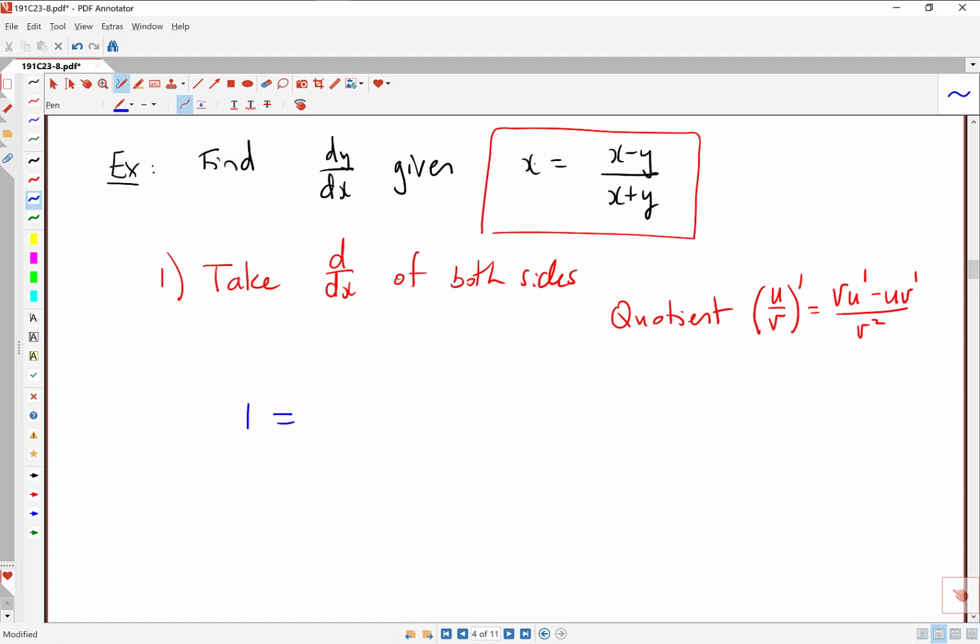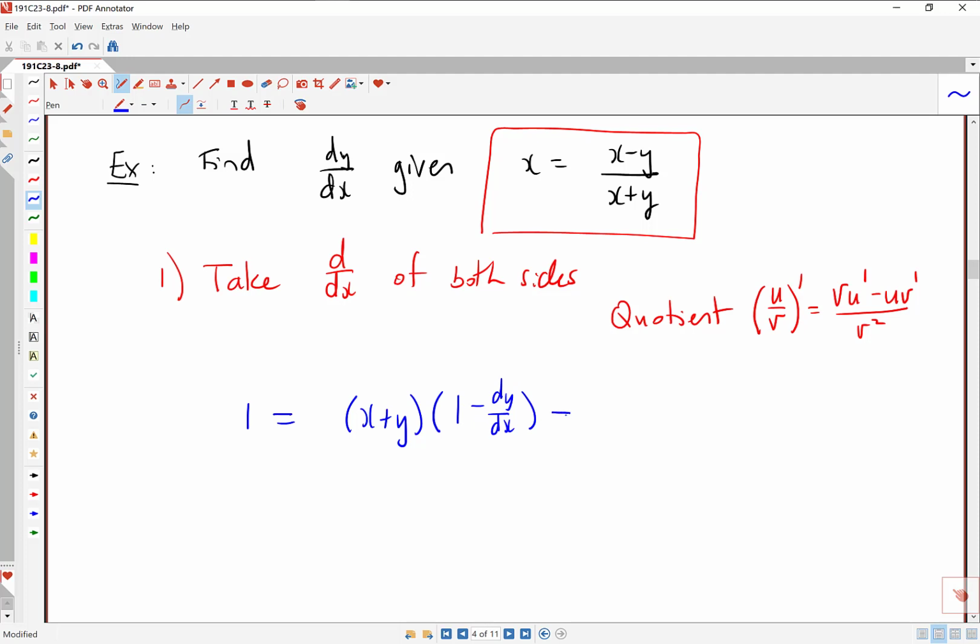So on the left side, derivative of x with respect to x is 1. On the right side, we're going to do our quotient rule. So take our denominator, multiply by the derivative of the numerator. Well, derivative of x minus y is 1 minus dy by dx. When you differentiate the x term, you get 1. When you differentiate the y term, you get dy by dx.